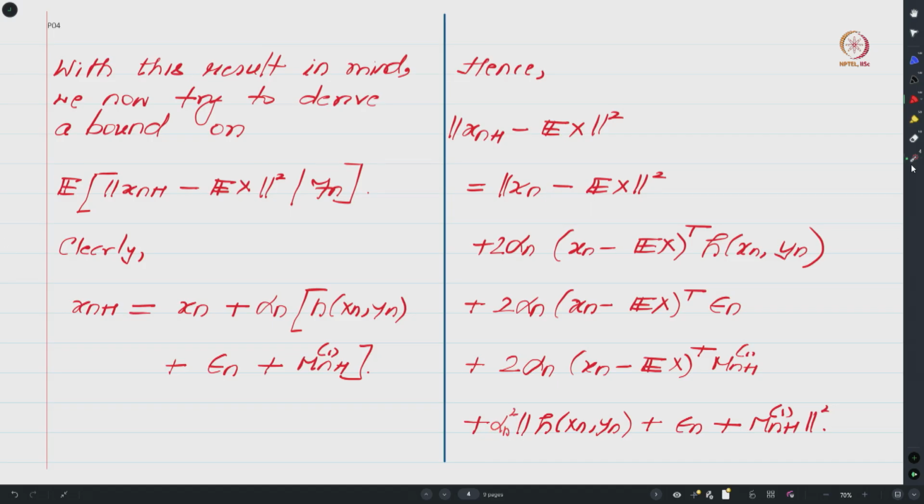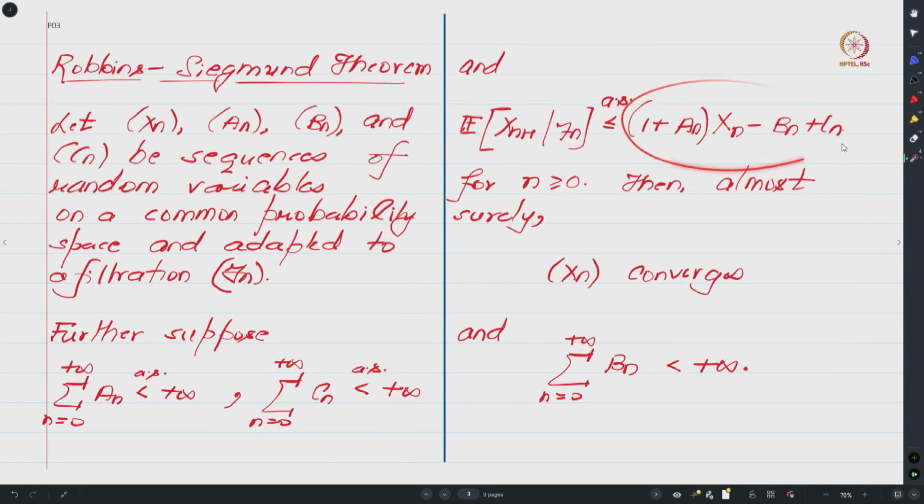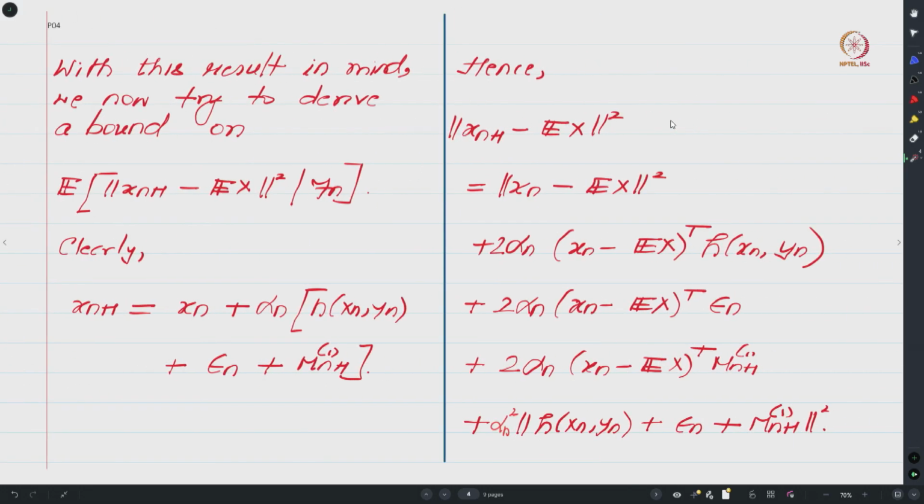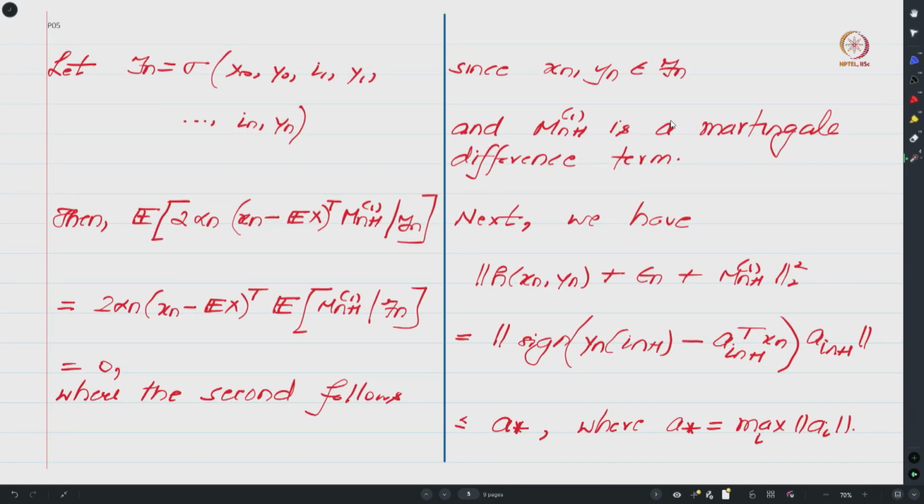Is this okay? So our goal would be to take the conditional expectation of the right hand side and come up with an expression that mirrors this structure over here. Towards this we will define a sigma field which is made up of your initial estimates x0 and y0, and furthermore we will include in it y1 all the way up till yn.